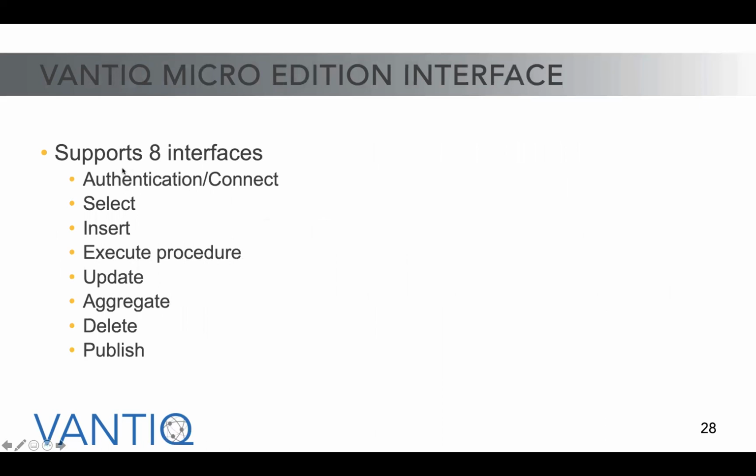So you have all these 8 interfaces: authentication, connect, you can select a configuration, you can insert something into a database, you can execute procedures, you can update, aggregate information, you can delete a type or a specific record, or you can publish to a topic.